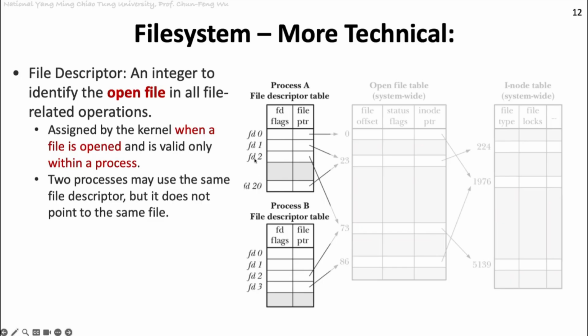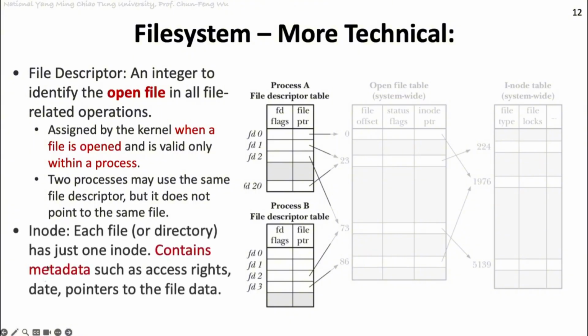Different processes can have the same file descriptor, because the concept of a file descriptor exists only inside the process. The file descriptor is assigned by the kernel when a file is opened, and it is valid only within a process.